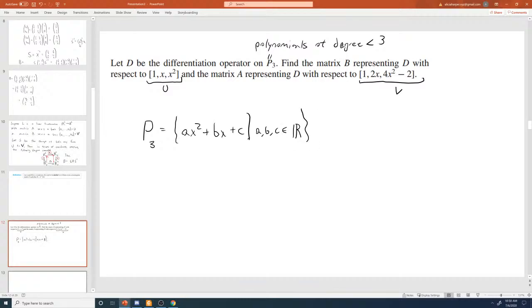But I can identify this with R3, which is just the set of column vectors with 3 components. And you can clearly see what the identification is.